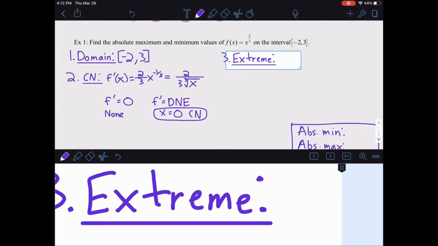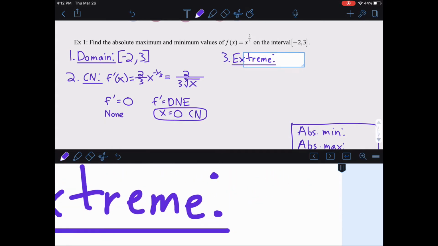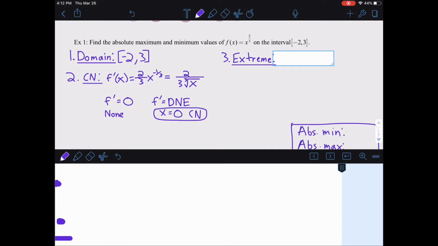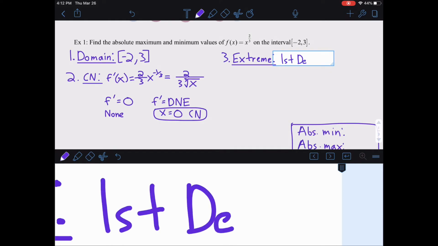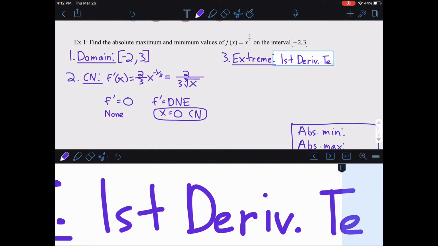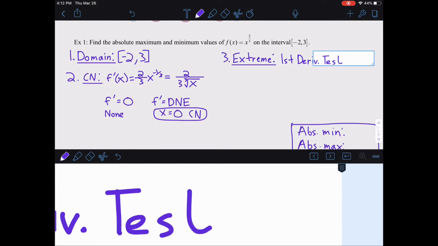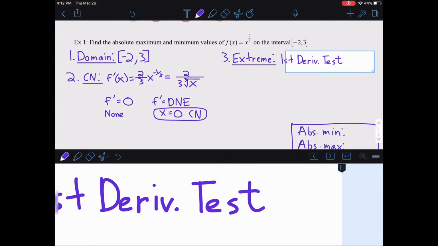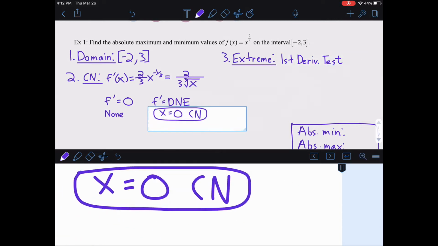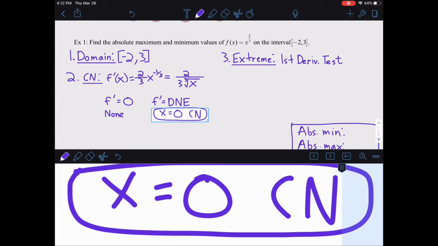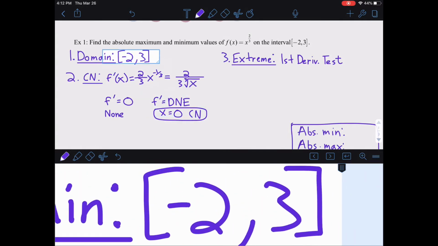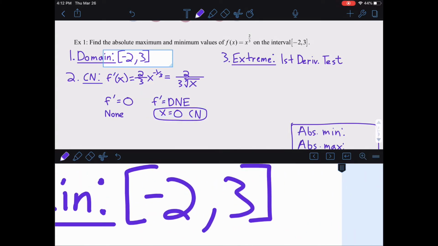But here's what we're going to do. In order to test to see if my critical number gives me an extreme, I'm going to use something called the first derivative test. Okay, so here's how the first derivative test works. I'm going to take my critical number and split up my domain into 2 pieces.